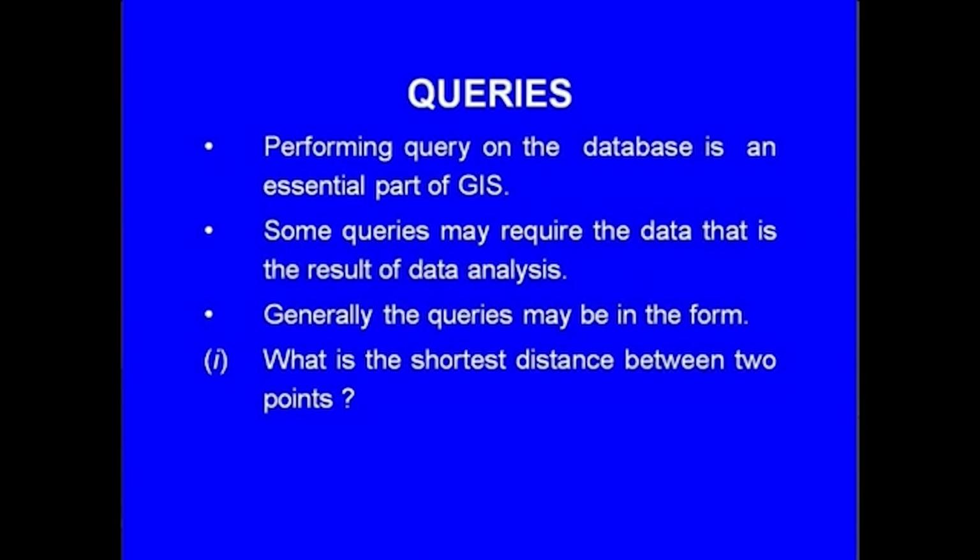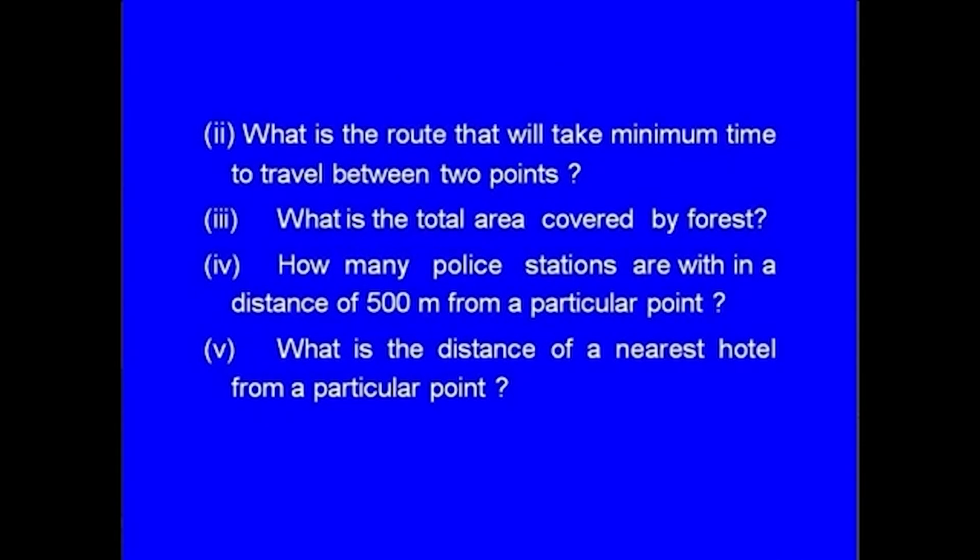Generally, the query can be in the form of: what is the shortest distance between 2 points, or what is the route that will take minimum time to travel between 2 points, or what is the total area covered by a forest, or how many police stations are within a distance of 500 meters from a particular point, or what is the distance of the nearest hotel from a particular point, maybe an airport or a railway station.